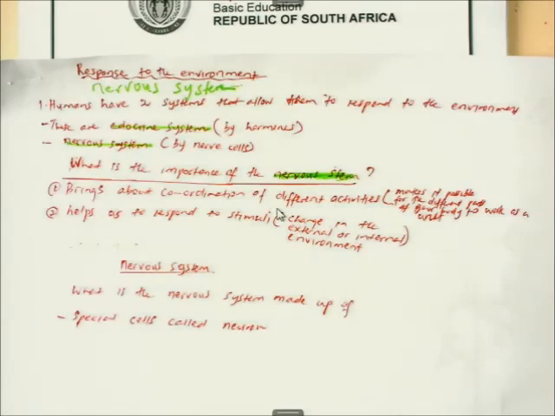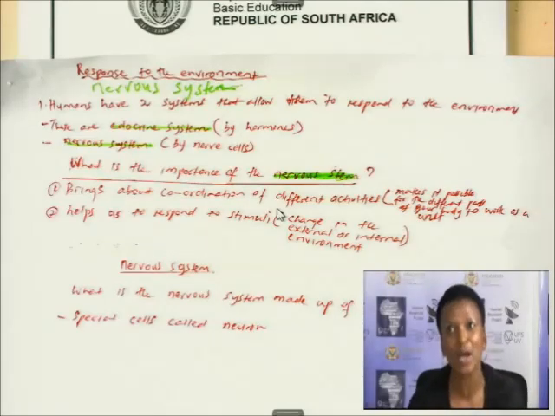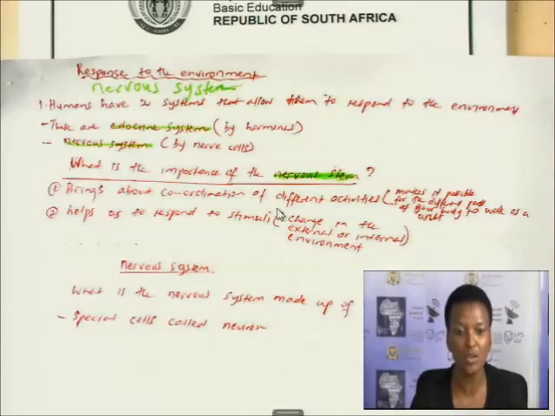If the robot says amber, you are quickly going to respond by applying your brakes. Another aspect of the external environment: say you are walking in a very bright light. A bright light is an aspect of the external environment. You are going to respond to that bright light by closing your eyes.